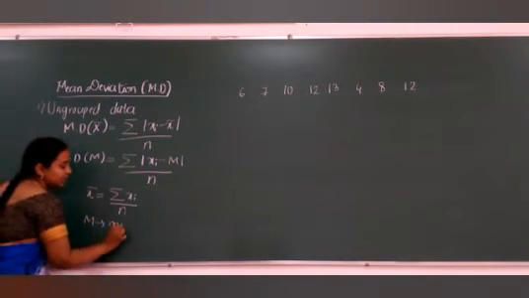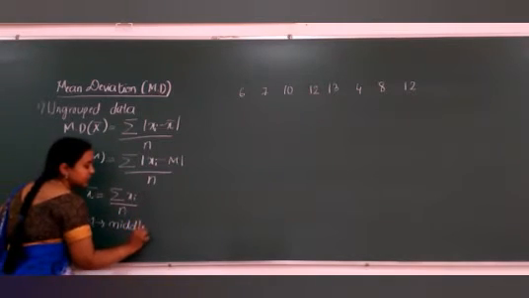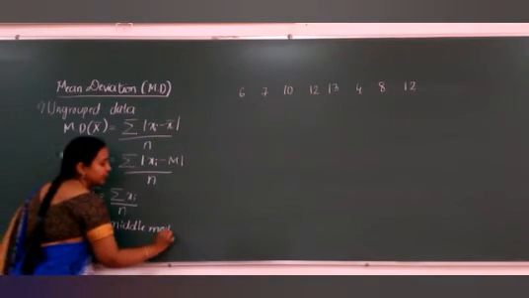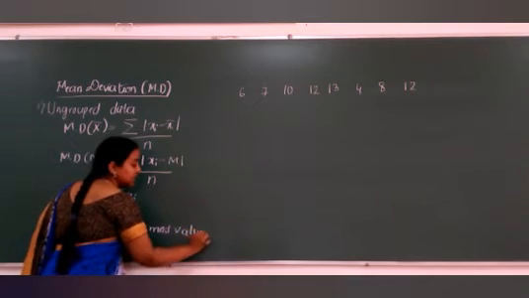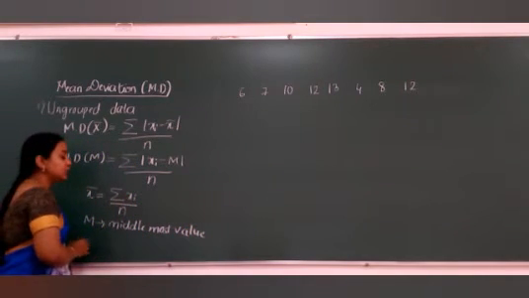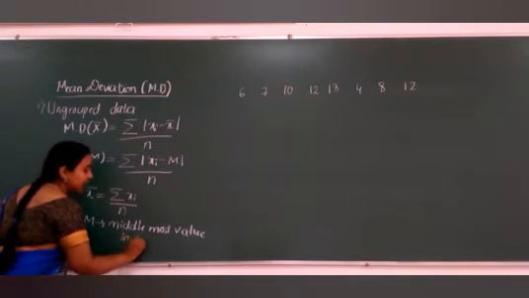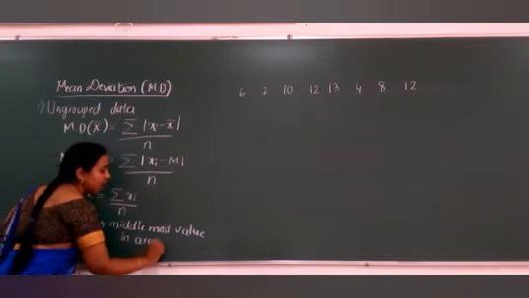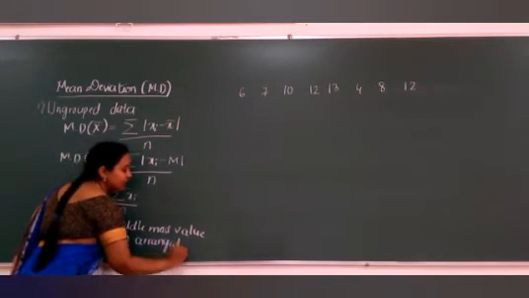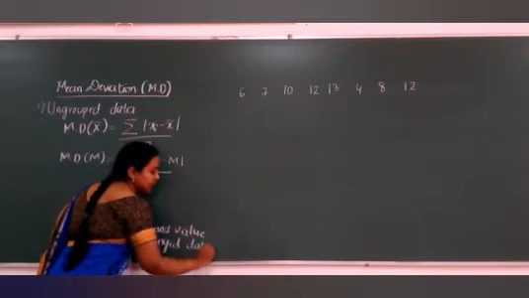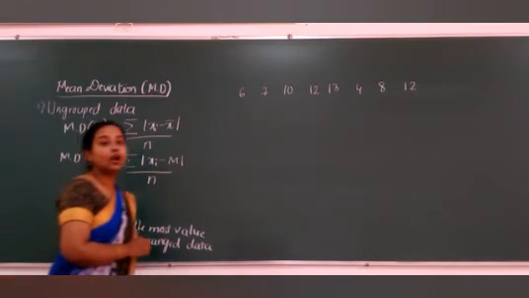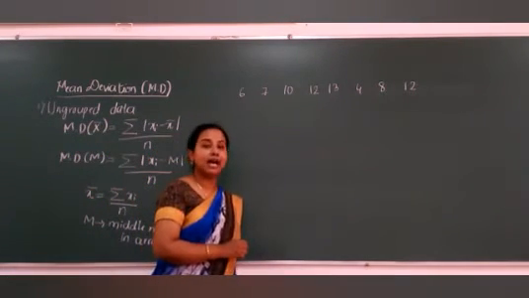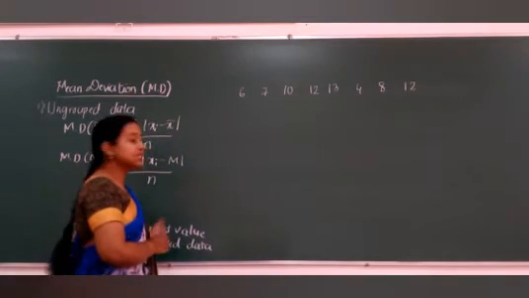Median is the middlemost value, and this is a very important condition, in arranged data. How do you arrange the data? The data can be arranged either in ascending or descending order. So in any order you can arrange. Okay, so this is median.